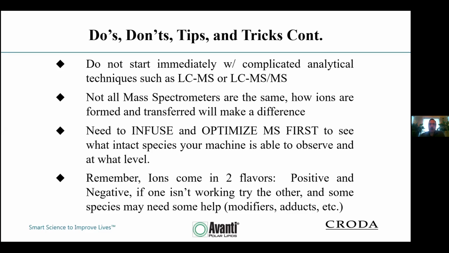They can either be positive or negative. If one side isn't working, try the other. And some species, such as neutral lipids, may need some help. That means adding some type of modifier adduct, be it a salt, ammonium salt or something, or a chloride anion or something of that nature.